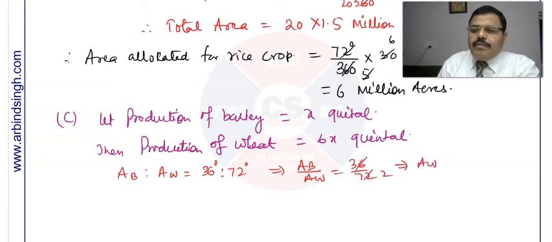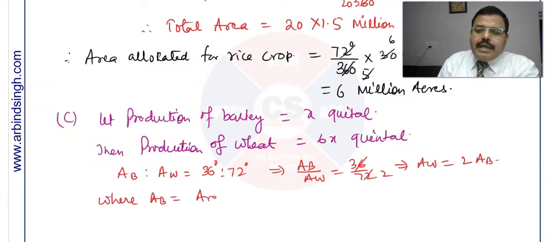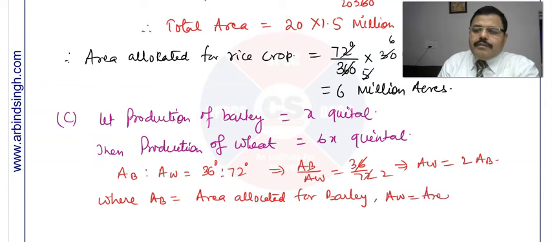So area of wheat is equal to twice the area of barley, where AB is the area allocated for barley, and AW is the area allocated for wheat.